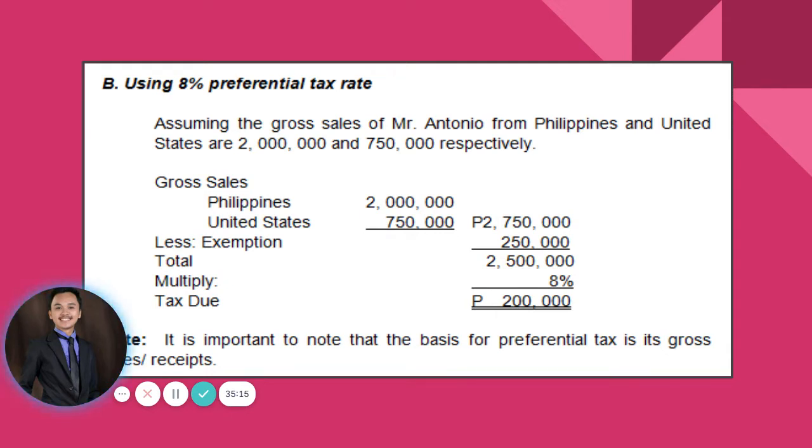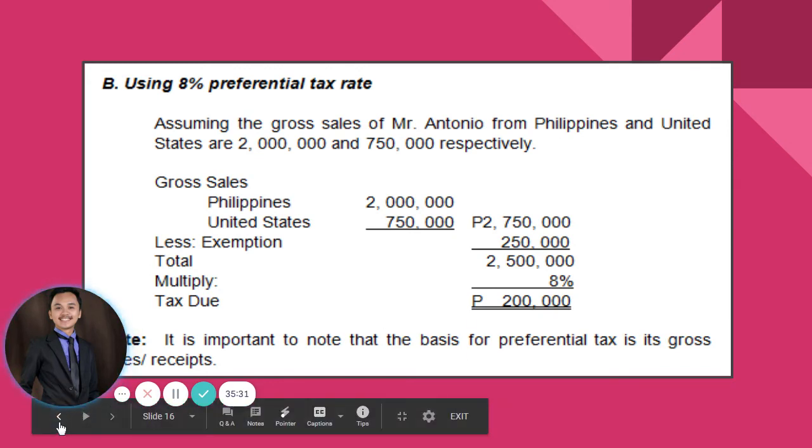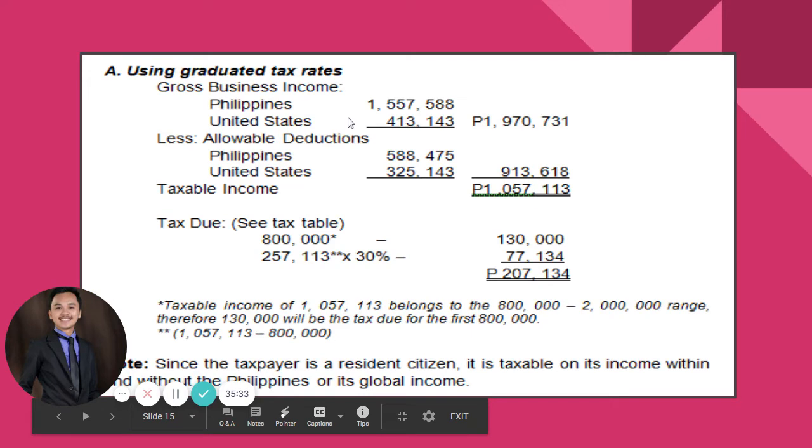So if you are the tax accountant of the taxpayer, then you should advise the taxpayer to use 8% preferential tax rate because there will be lower na tax due that will be paid, 200,000 compared sa 207,134 kung ang gamito niya is graduated tax rates. Okay?